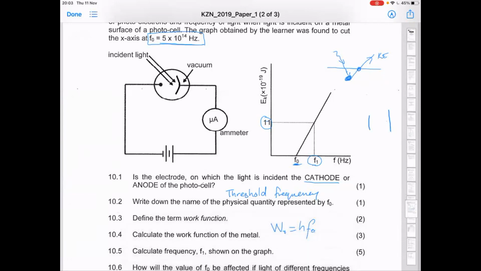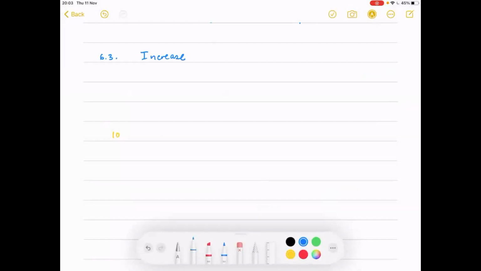Maybe I'll just write that solution for you. We'll just do 10.4 and 10.5 quickly. For 10.4, we said that the work function is equal to h times the threshold frequency.